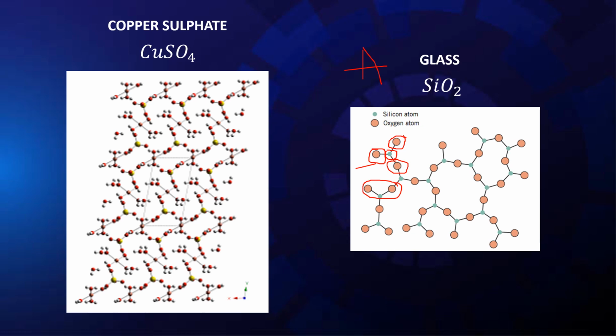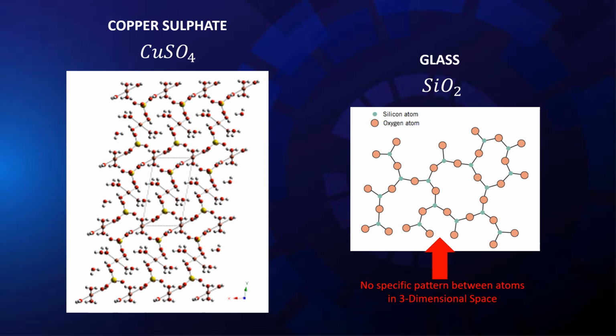It doesn't have a regular pattern. If we were to have a crystalline structure in this, it would have a hexagonal structure or some other regular repeating structure, but we don't have that. We have irregularly bonded silicon and oxygen atoms here. We don't have a repeating pattern, so there is no specific pattern between atoms in three-dimensional space.